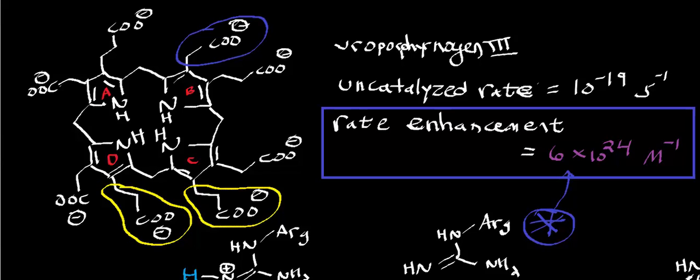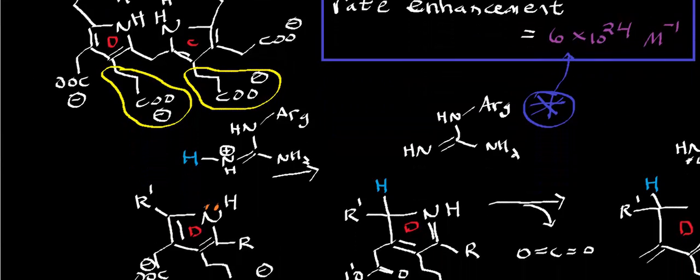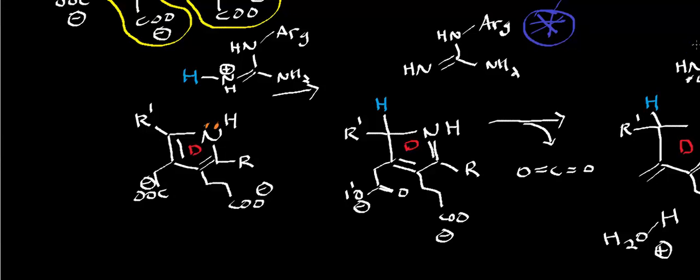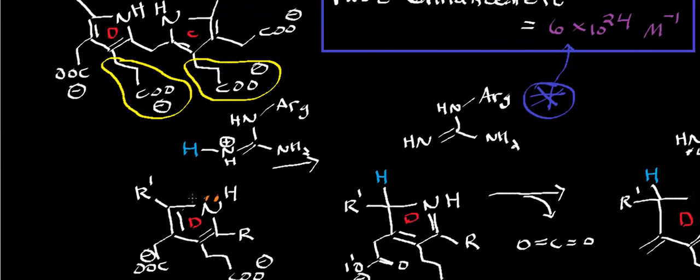And it turns out that the way this enzyme decarboxylates is from D to A to B, and then finally to C. So that's the order of the decarboxylations for this enzyme. Let's actually look at the organic mechanism of how that occurs. So what I have for you drawn here, just to orient you with my picture, this is the D ring right here.